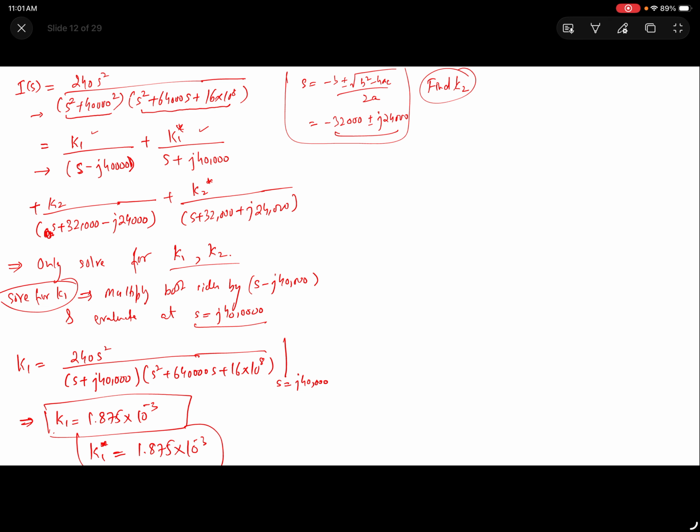To find k2, again multiply both sides by this term, so s plus 32,000 minus j24,000, and evaluate at s equals minus 32,000 plus j24,000.